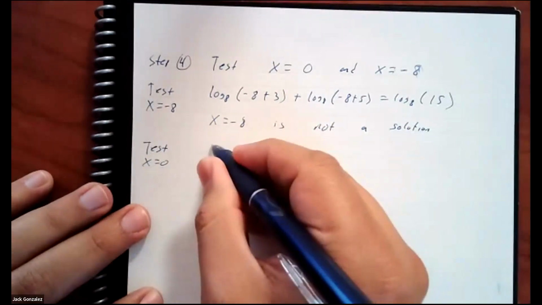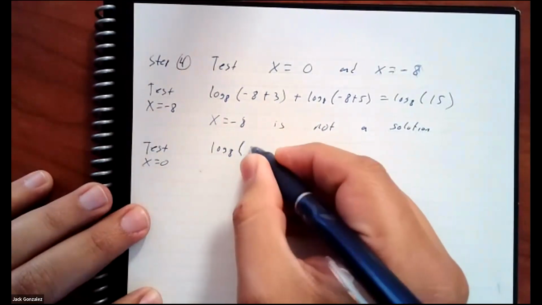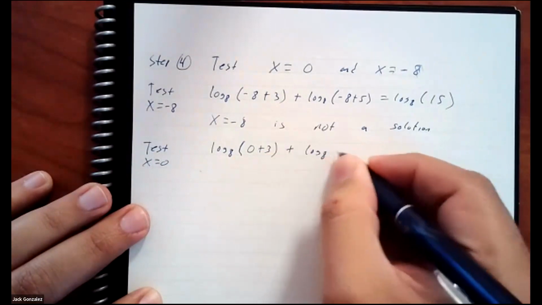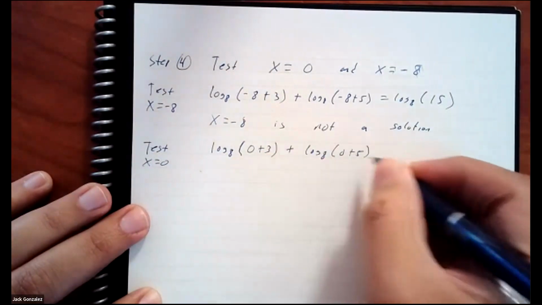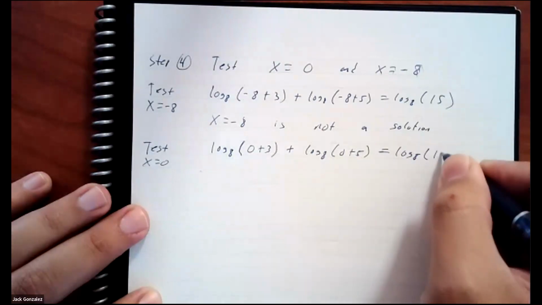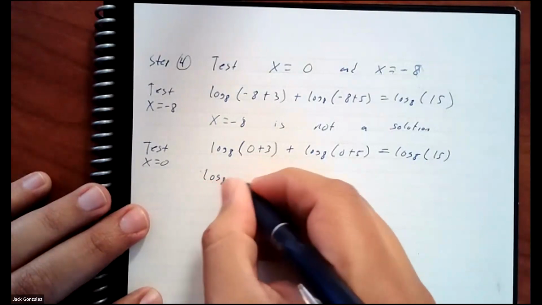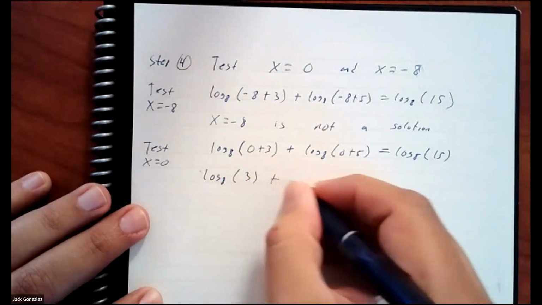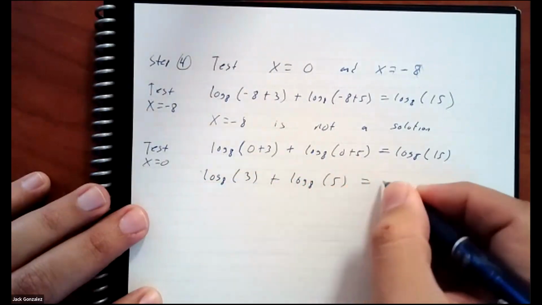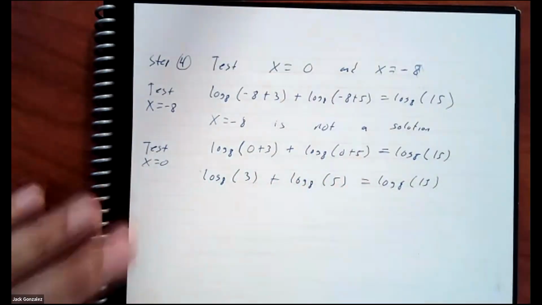All right, 0, and it looks like we should be good. Yeah, no negatives, no zeros, right?